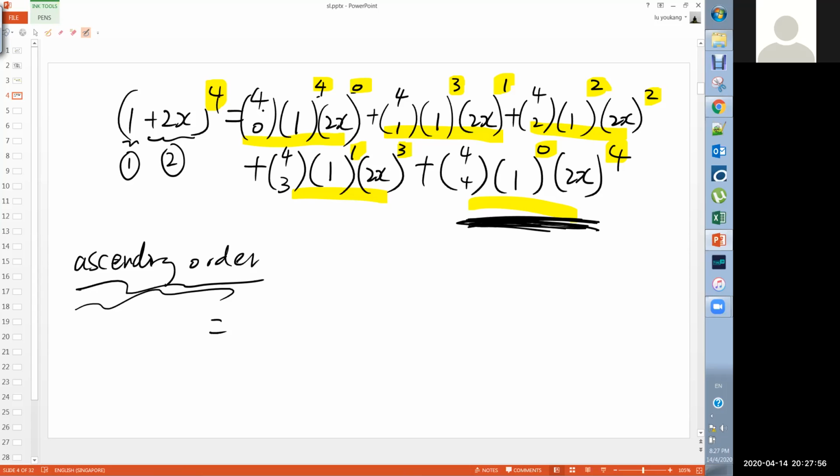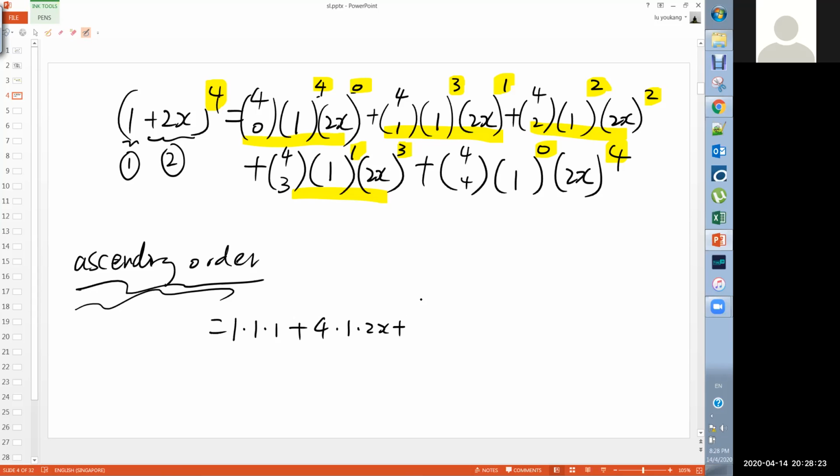So let me help me out. 4 choose 0 is 1. So that means everything here is 1, by the way. Okay, next term, 4 choose 1 is 4. Okay, good. So 4 times 1 times 2x.